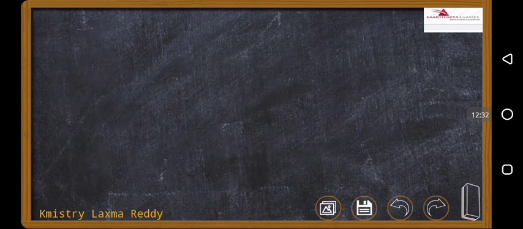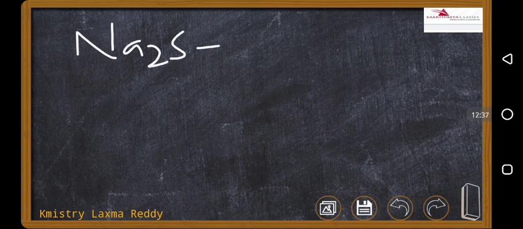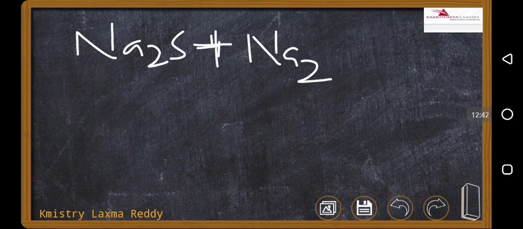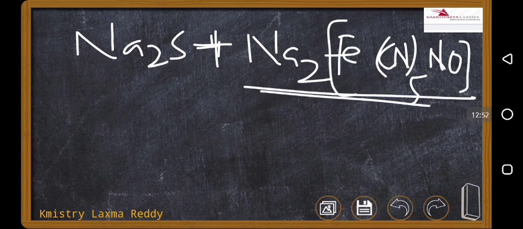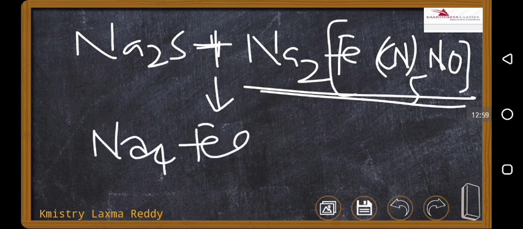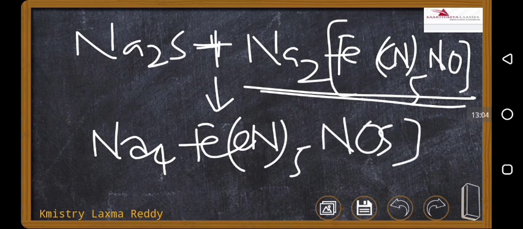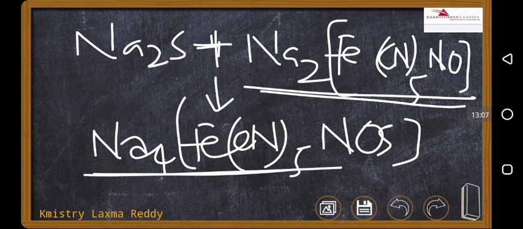One more test is there for this, that is the sodium nitroprusside test. If Na2S is with you, and Na2[Fe(CN)5NO], this is called sodium nitroprusside. When they react, you get Na4[Fe(CN)5NOS].